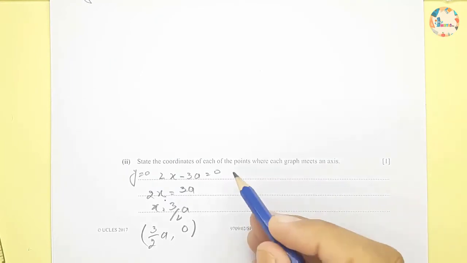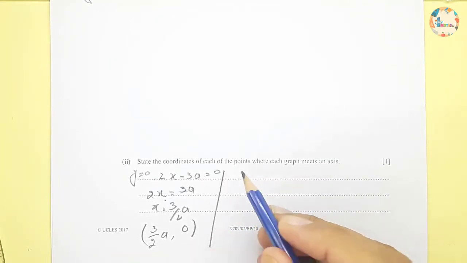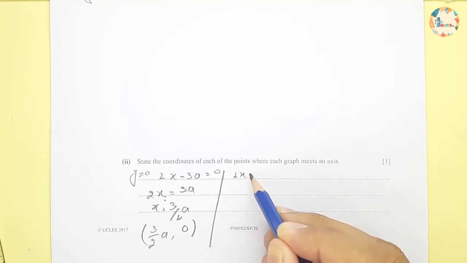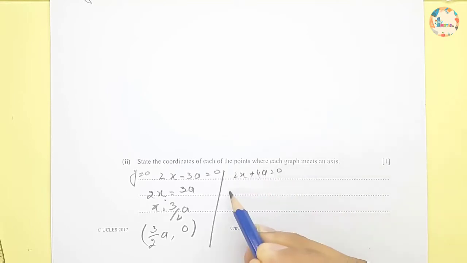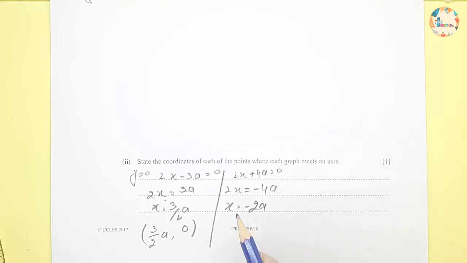In the second equation, when we replace y with 0, we will get 2x plus 4a is equal to 0. This implies 2x is equal to minus 4a, so x is equal to minus 2a, and our point will be minus 2a and 0.